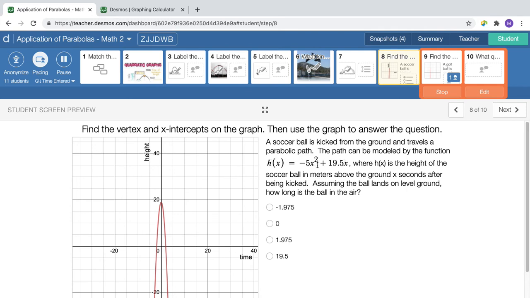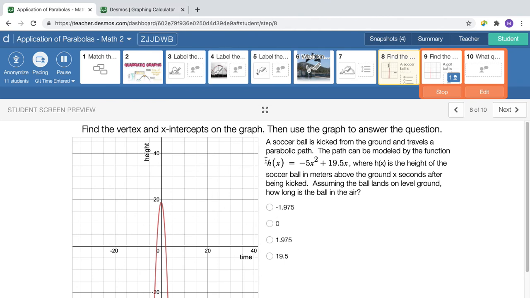I'm going to take this and put it into Desmos, and the output would be this graph. I've already done that work for you, but I assure you, if you go over into Desmos and type that in, you will get this.